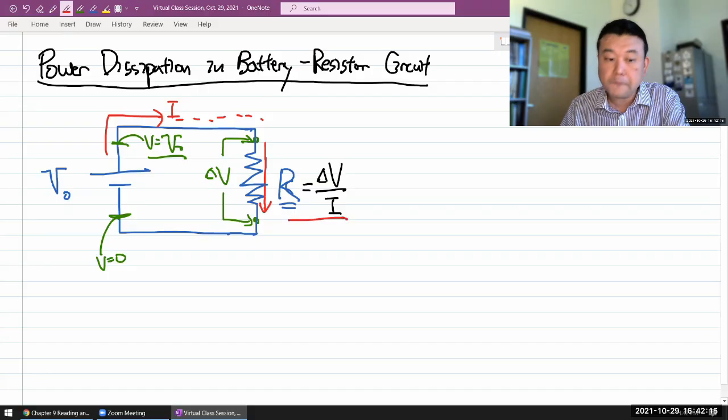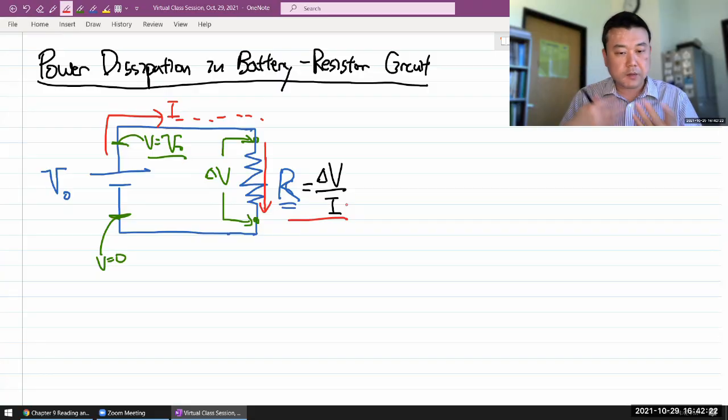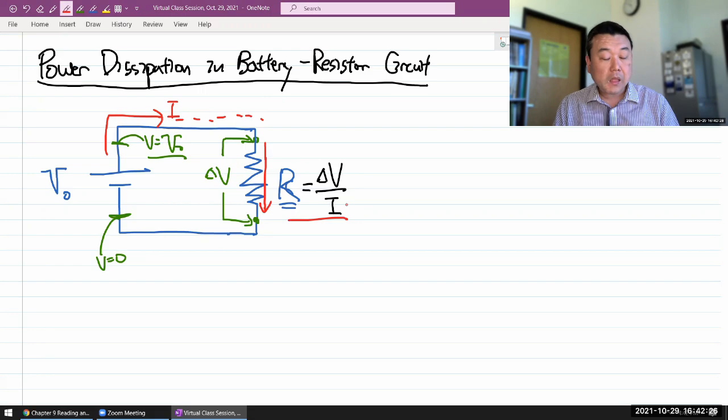This is Ohm's law. Now, with Ohm's law in hand, we can walk through some considerations to think about how much power is dissipated in this circuit. Now, I think I need to motivate why we are talking about power.